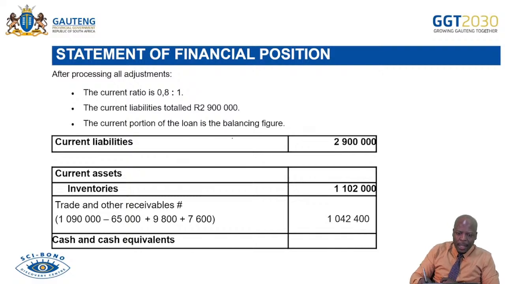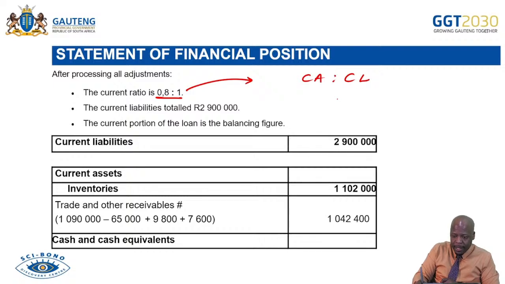So we now know that we're given the current ratio of 0.8:1, and we're given current liabilities. What we want to get is our current assets. But what is the formula for the current ratio? It is current assets as to current liabilities.